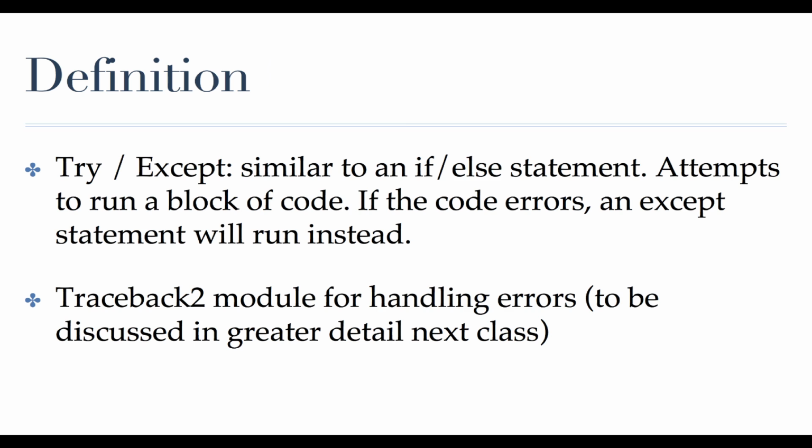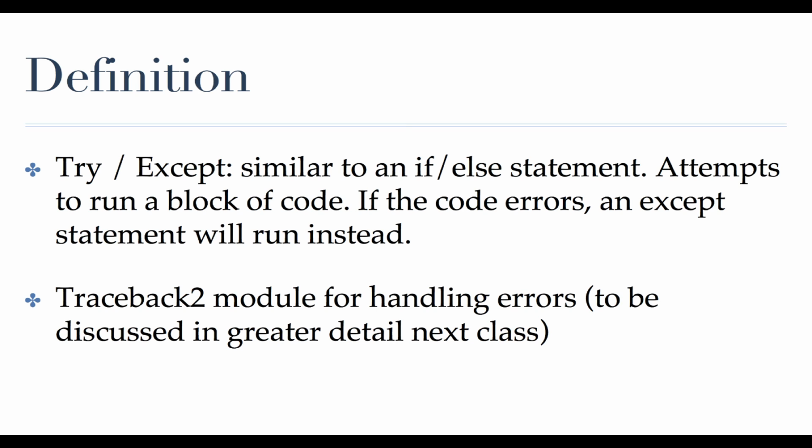So first off, for definitions, a try and except statement is very much like an if and else statement in that it has this idea of: if this code works, do this, otherwise, if something doesn't work in the code, like there's an error with it, then do this other set of commands, which would be the except statement. So it's similar to if-else statements in that you have a block of code you want to try and run, otherwise do something else.